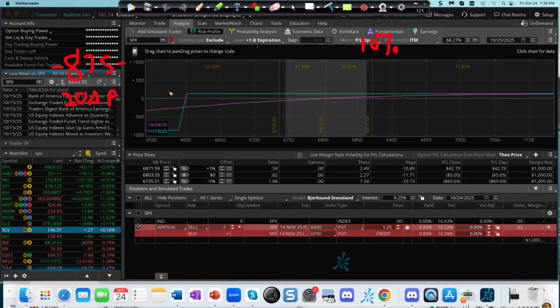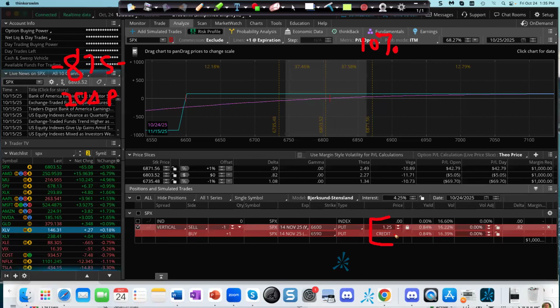So if I want to make $90, where would I put in my order to buy this back? If my goal is 10% on this whole trade, where would I put my order in to buy it back? Anybody? I want to make 10% on this. Where would I put an order? And I sold it for $1.25 credit. Where would I buy it back?